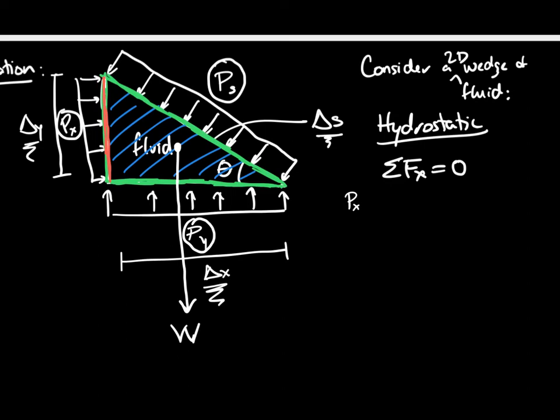That pressure times that area gives me the force. So I'll say delta y, and then whatever this imaginary dimension into and out of the board is, delta z. That is the area of that face, and this is the pressure on that face. You take the pressure and multiply it times the area on that face, and we get a force. It's in the positive x direction, so we'll give it a positive sign.